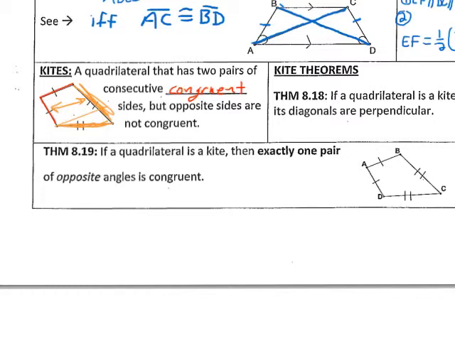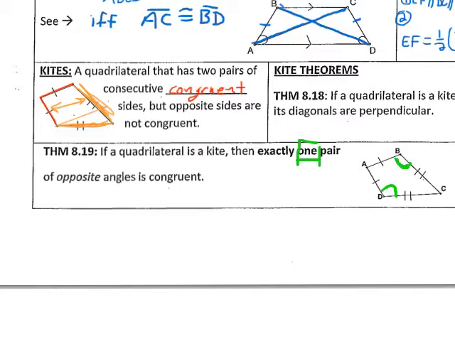Okay, this next one is incredibly important. We have got to be really careful here. It says if a quadrilateral is a kite, then exactly one pair of opposite angles is congruent. One, not two. One. Okay? So if we have this kite over here, ABCD, angle B is congruent to angle D. Okay?